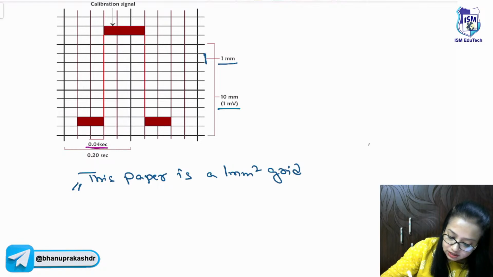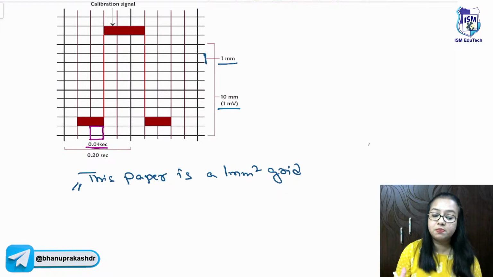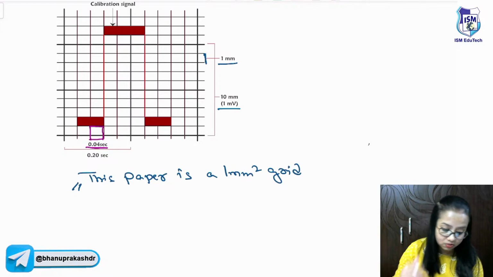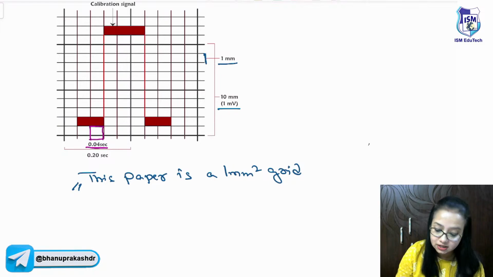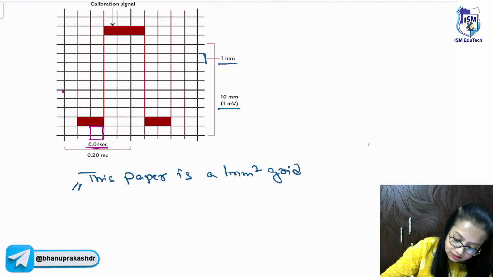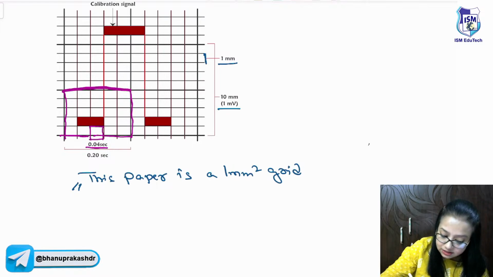Horizontally, one small square box depicts time in seconds. And how much is it? It is about 0.04 second. Now if we consider one big box, how many small squares does it have? It has 1, 2, 3, 4, 5.